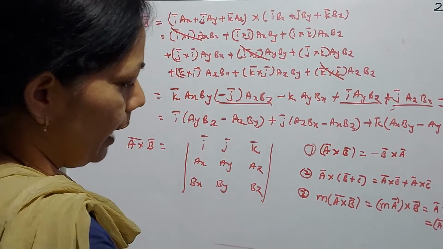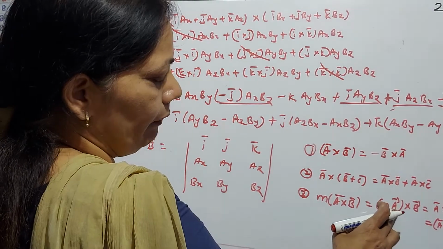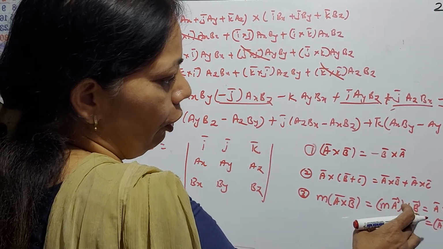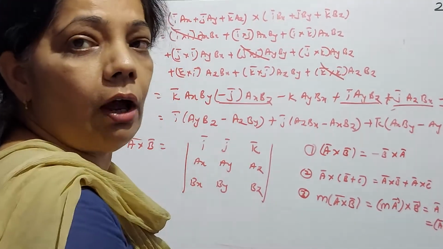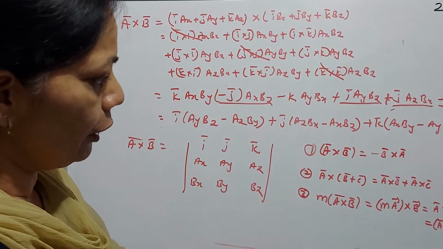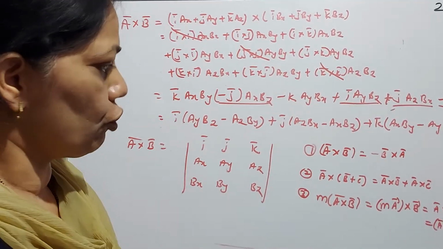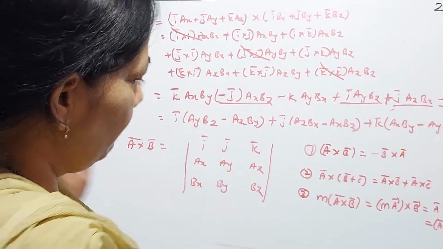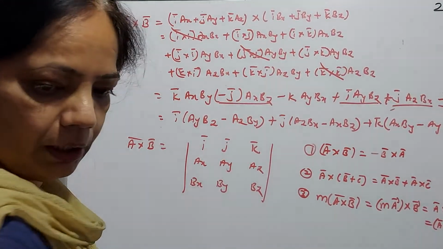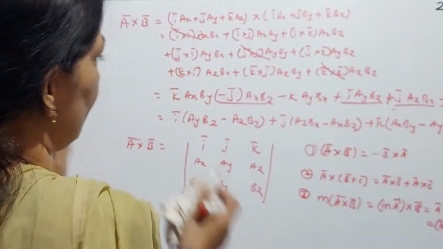So the scalar m, either it will be with a cross product with b, or with b cross product with a, or it's a cross b, then you have a scalar m. So anyway, you can use this in short. Correct? Next one.